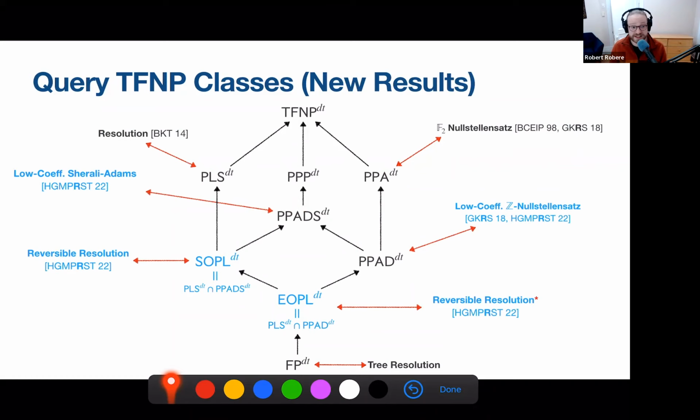Some of the prominent examples here: PPADS turns out to correspond to low coefficient Sherali-Adams. And more interestingly, the most interesting result here, I think, is that we're able to characterize the intersection class PLS intersect PPADS in terms of a problem called sink of potential line. And we can even give a proof system which corresponds to this, a sort of reversible form of resolution.